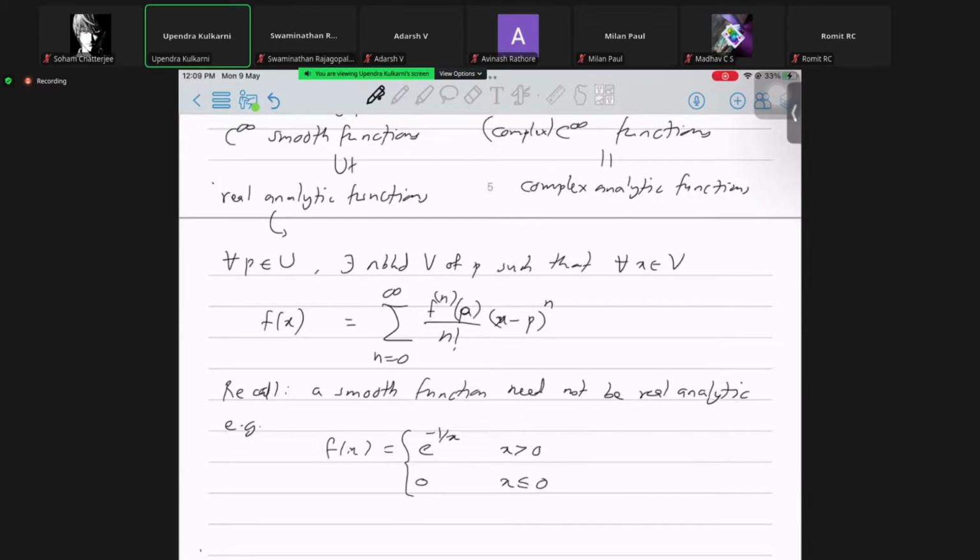So what is the power series of this function around 0? It's identically 0. Yeah, because you see this function, the way it is made, it really just collapses. All of its derivatives at 0 are 0. So the power series is identically 0.